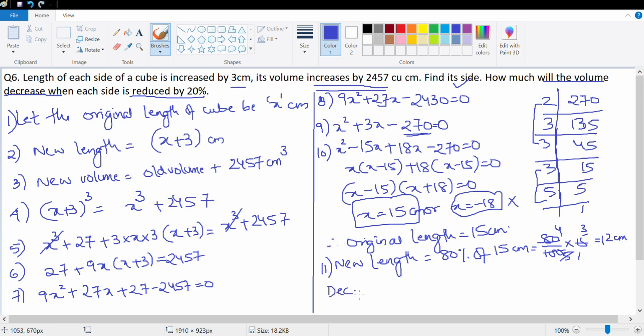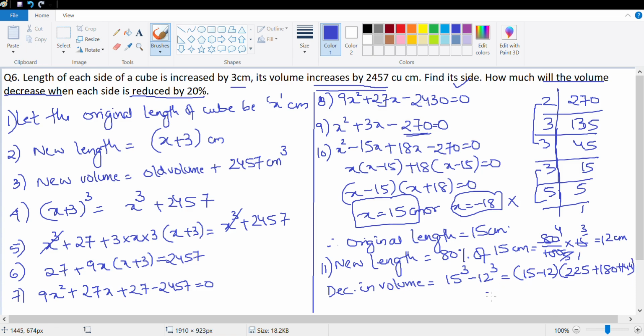So the decrease in volume will be equal to the old volume, in this case 15 cube, minus the new volume, which is 12 cube. This is in the form x cube minus y cube, which is x minus y, in this case 15 minus 12, multiplied with x square, in this case 15 square, which is 225, plus xy, which is 15 into 12, that's 180, plus y square, in this case 144, 12 square.